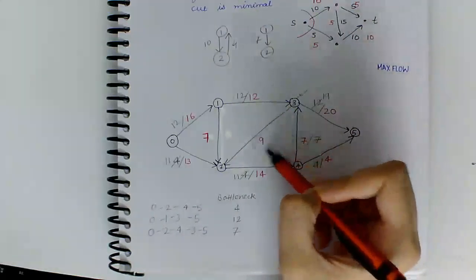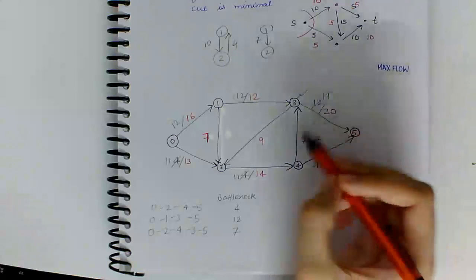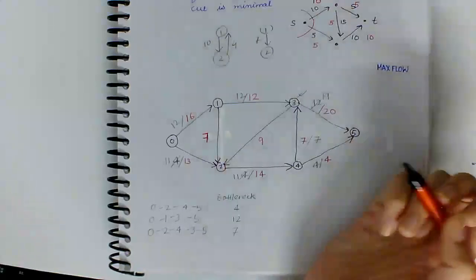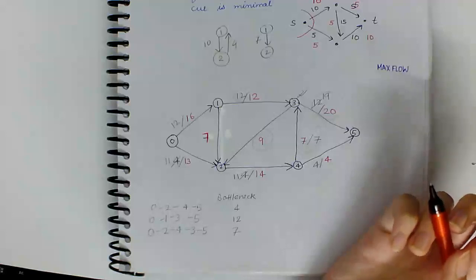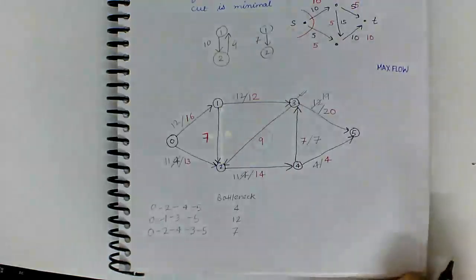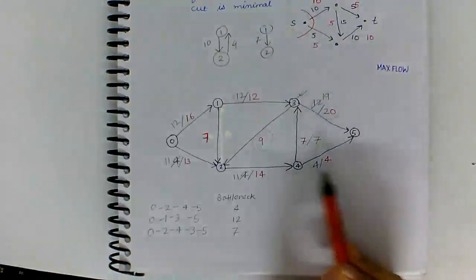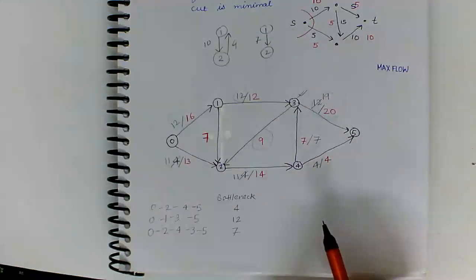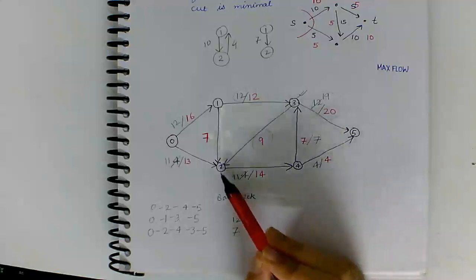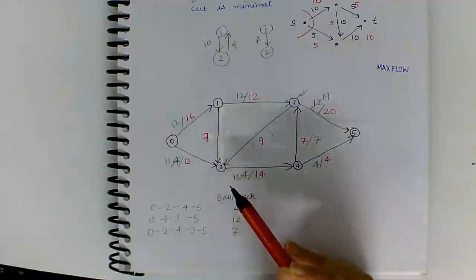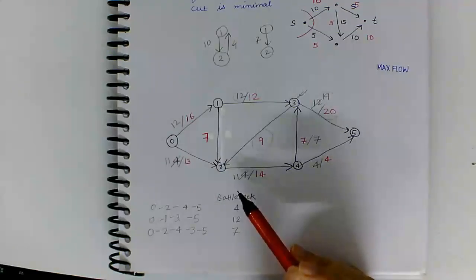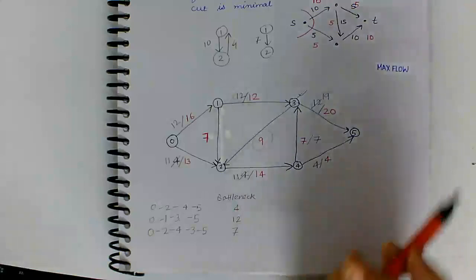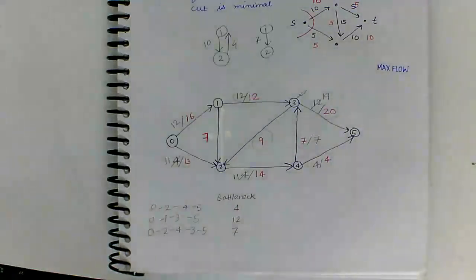There is potential outward flow here and here, but the inward flow is full, so nothing else can flow into 3. And for 4 we have the same thing, the outward flows are limited. And for 2 there's just no augmented path possible.